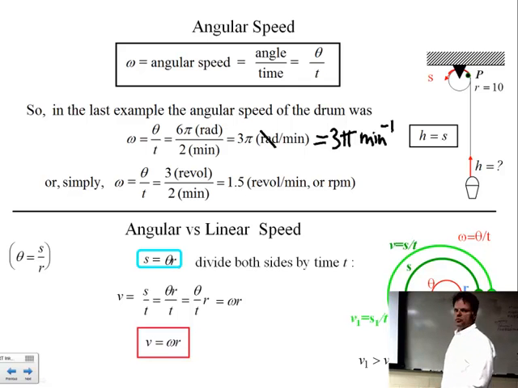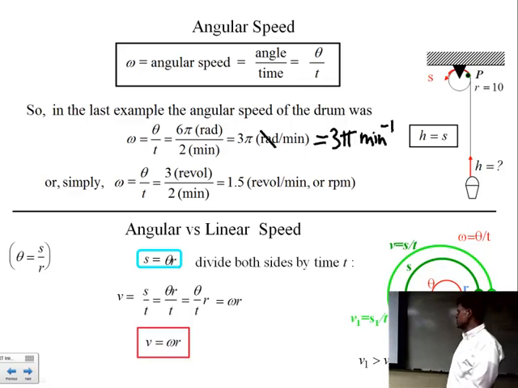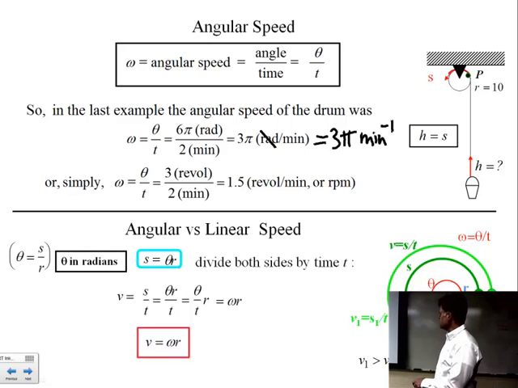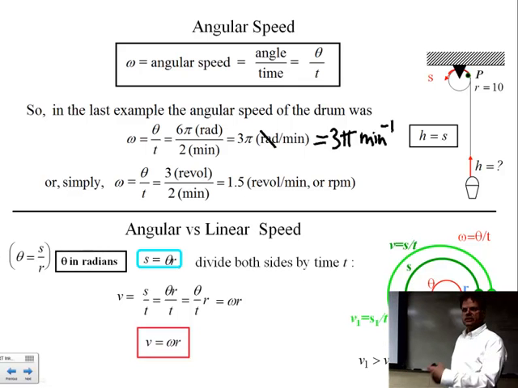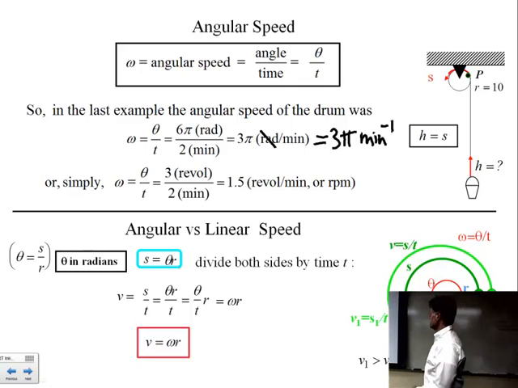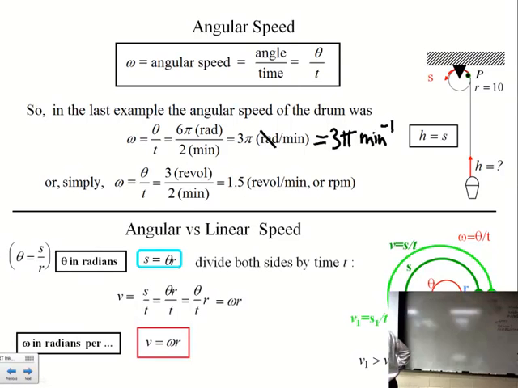But r1 is also bigger than r by the same proportion. So in fact, I'll get the same angular velocity, even though the linear velocity is going up because the radius is going up.